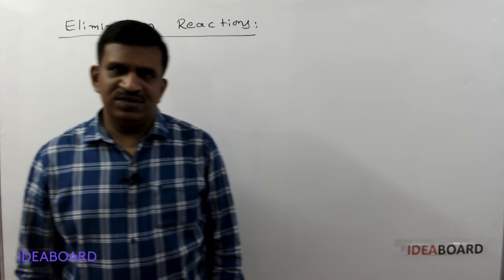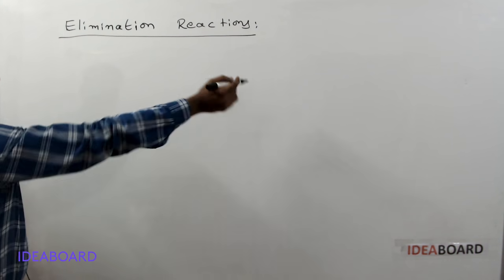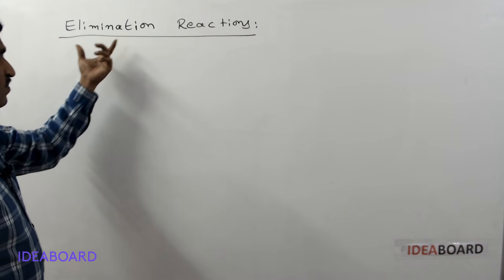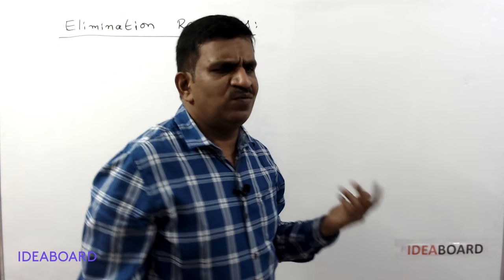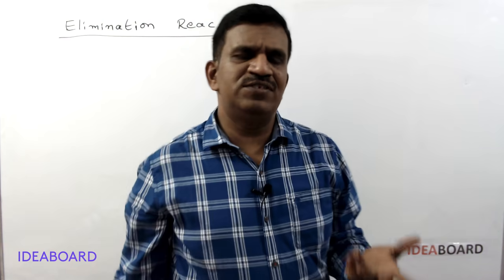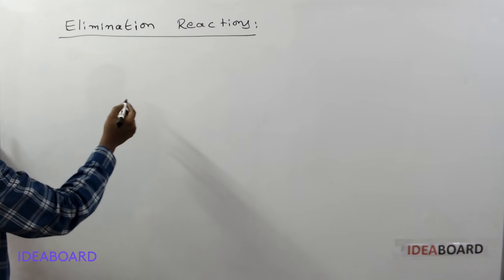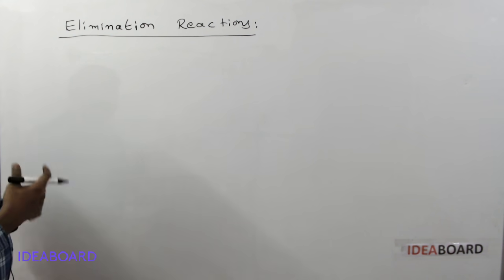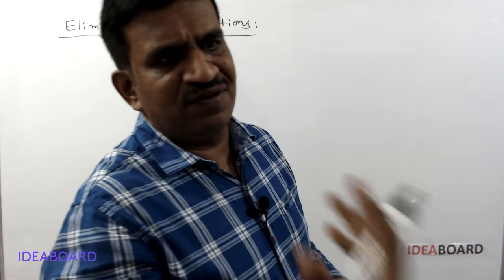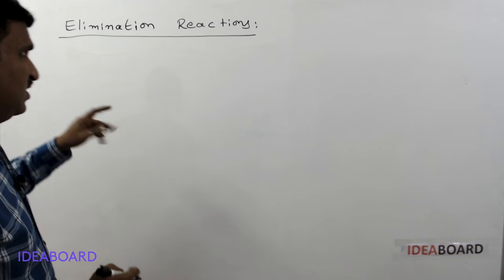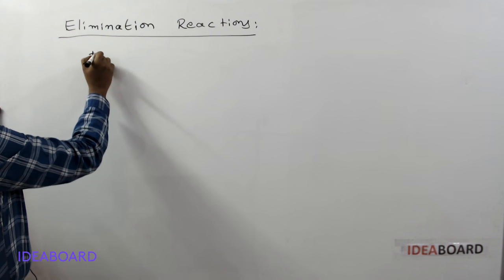Next is elimination reactions. Elimination simply means removal. Removal of two or more atoms from a compound is simply called elimination. Depending upon whether the groups or atoms are eliminated from the same carbon or from different carbons, elimination reactions are classified mainly into two types.